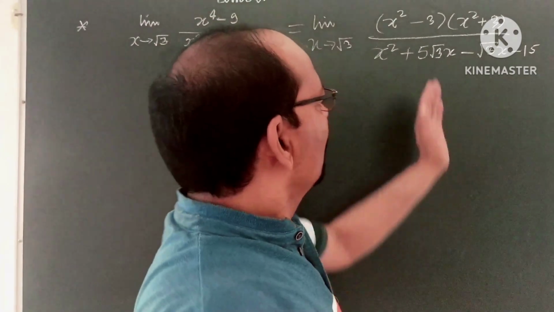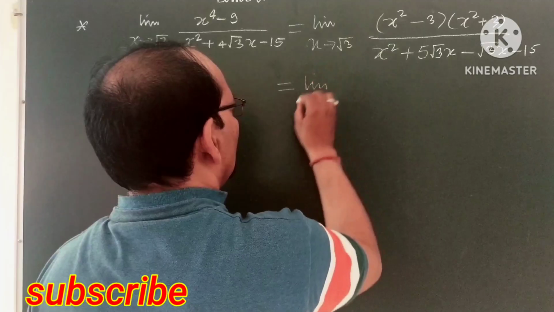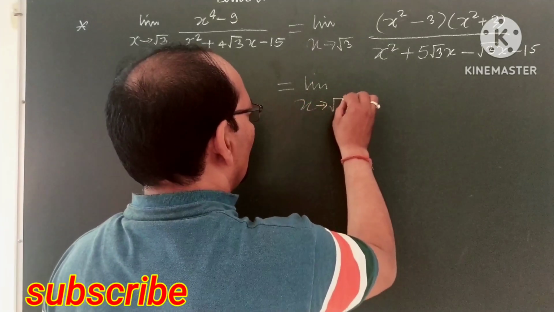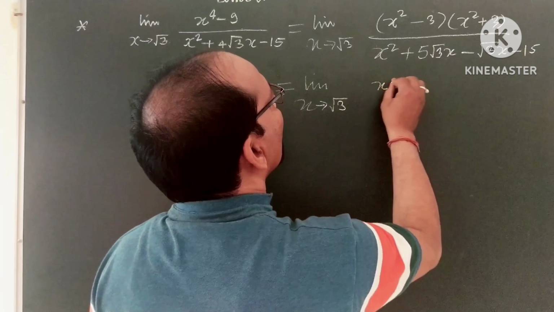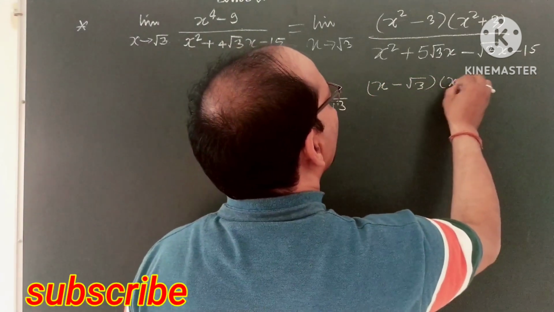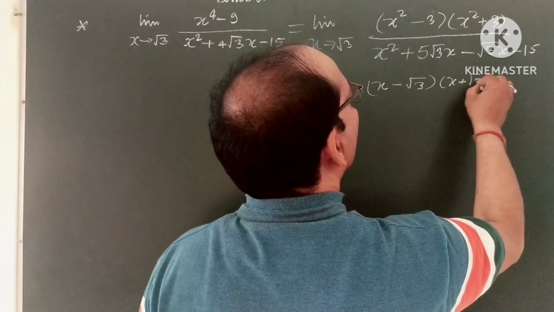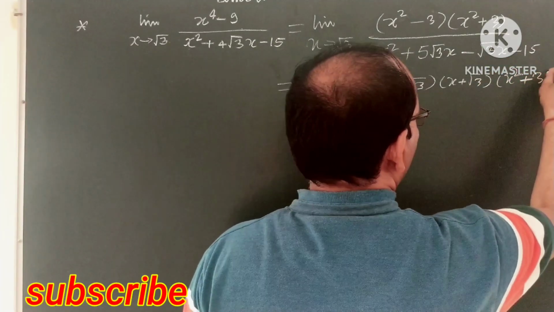Therefore, after that we write limit x tends to root 3. We can write it as x minus root 3 and x plus root 3, and the same x square plus 3.